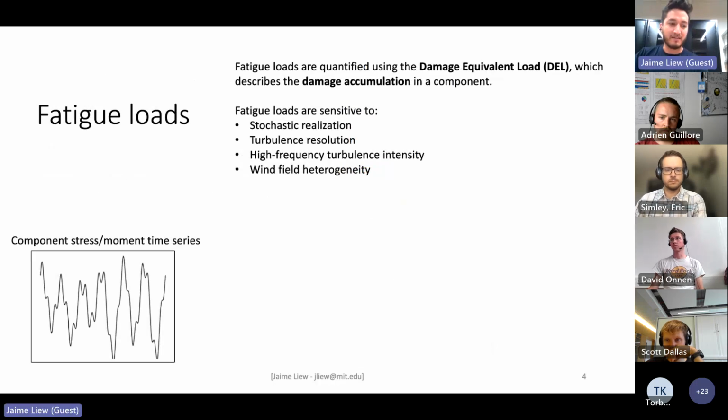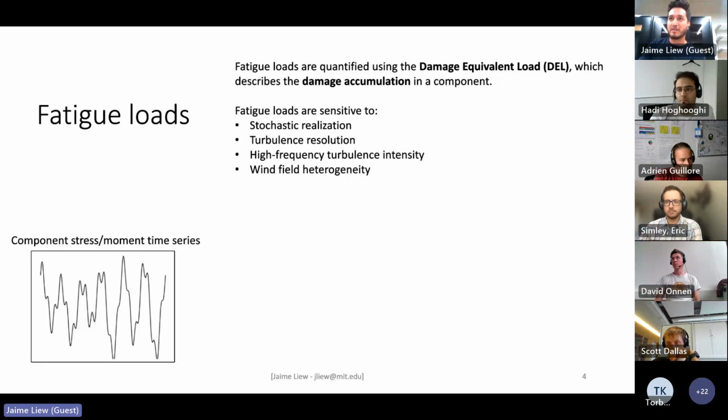So as Eric mentioned, I guess the fatigue loads don't come up too often, so I'll just give a quick overview of how we quantify them. We use a quantity called the damage equivalent load, which is a way of describing damage accumulation in a component.